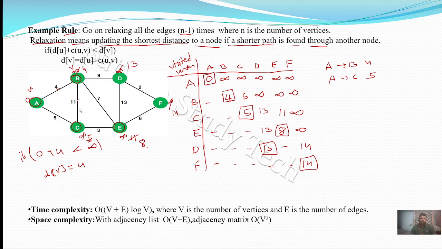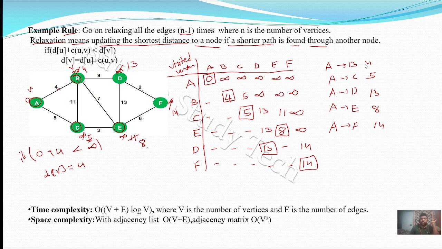A to D is 13, A to E is 8, and A to F is 14. So how do we get the 14 here?